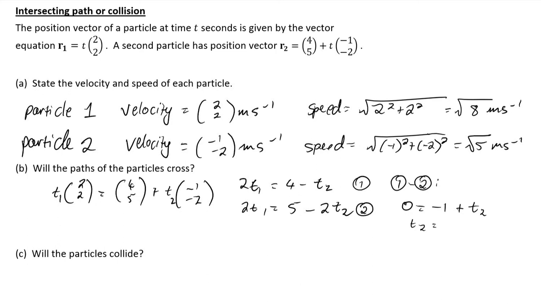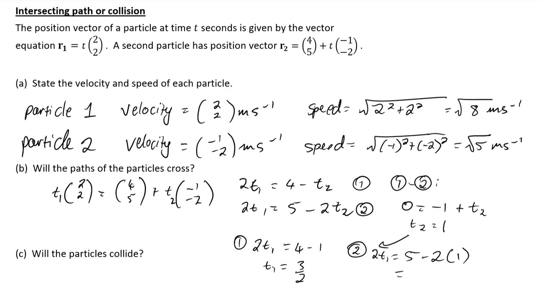So t2 is 1. And if I substitute that back into each one, then I get 2t1 equals 4 minus 1. So t1 is 3/2. And checking the second equation, 2t1 is equal to 5 minus 2 times 1, which is 3/2. So will the paths cross? They will.